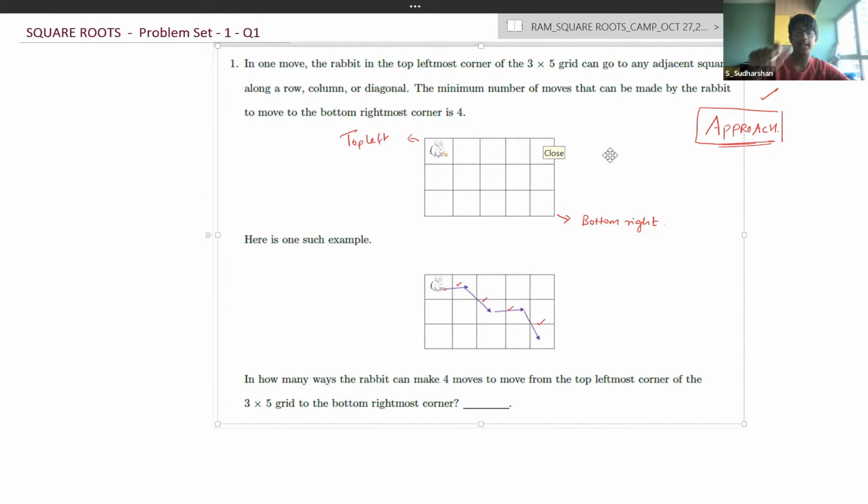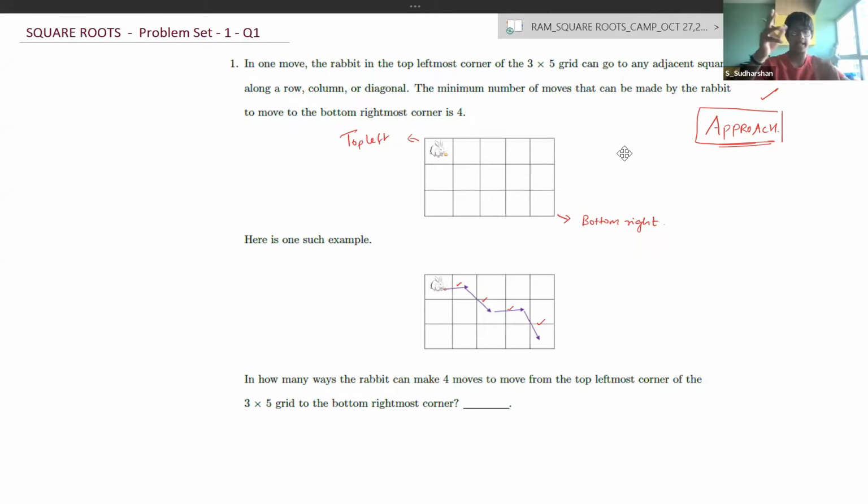You would need 2 arrows that go right and 2 arrows that go diagonally down, so you would need 4 arrows. It's basically different combinations of these 2 arrows that go right and 2 arrows that go down. You could go in any order, so the first arrow could be any of these.